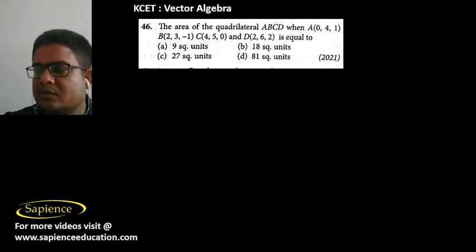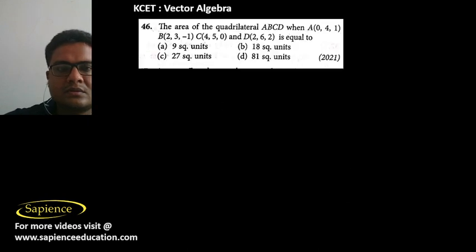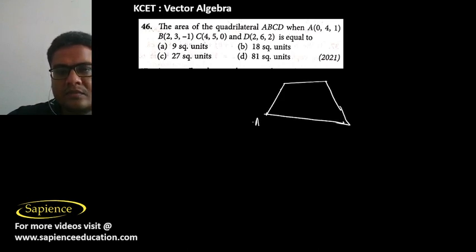Then question number 46 is told that the area of the quadrilateral ABCD is how much? So in the quadrilateral ABCD, the area is half of AC cross BD.